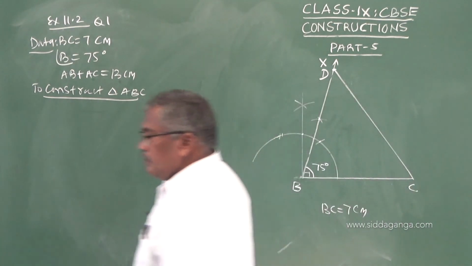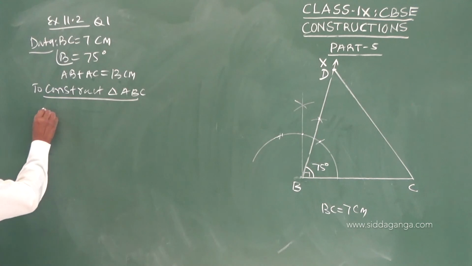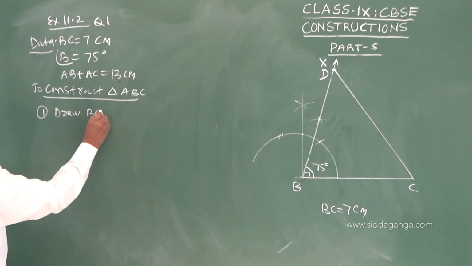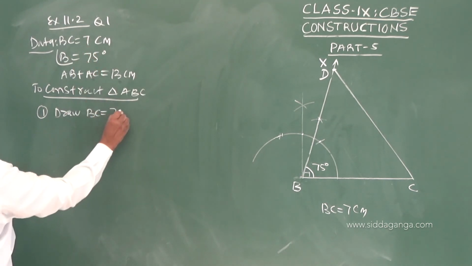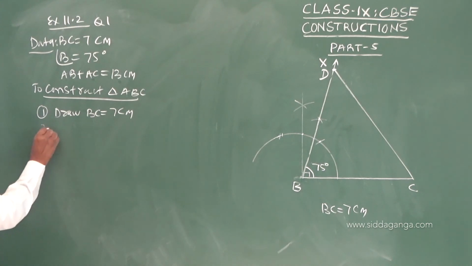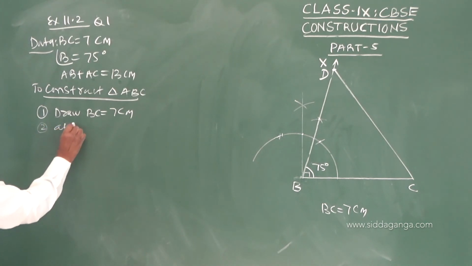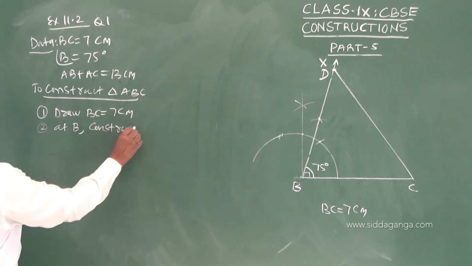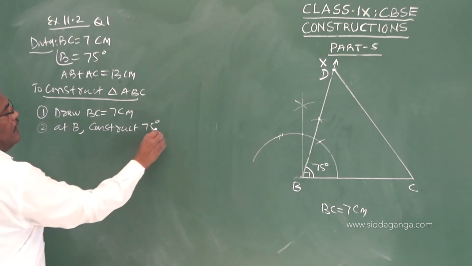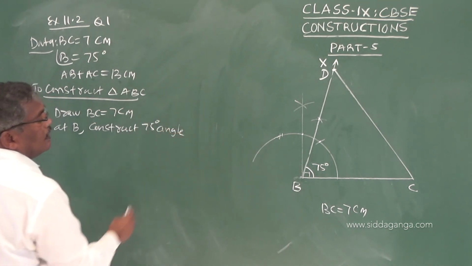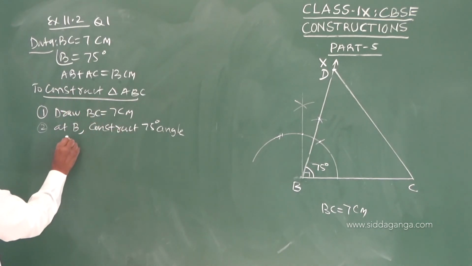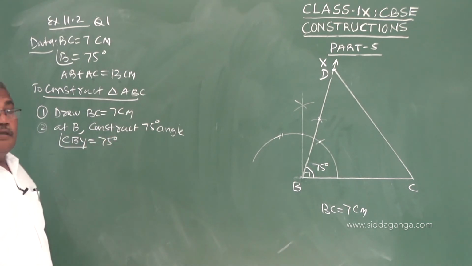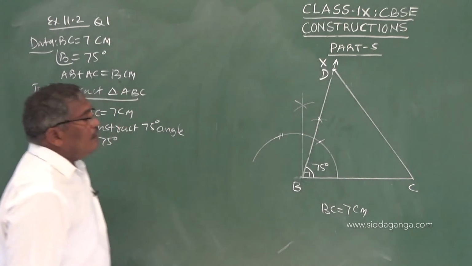First I will write the procedure. First, draw BC equals 7 centimeter. Second, at B construct a 75 degree angle, that is CBX equals 75 degree. Now we have constructed the 75 degree angle.